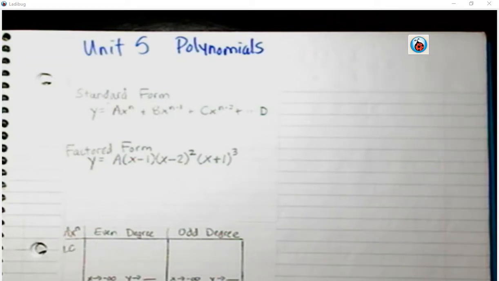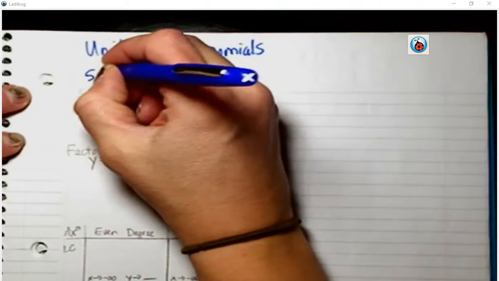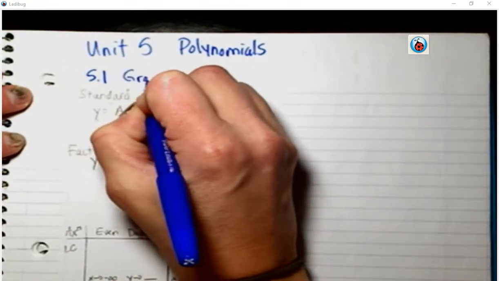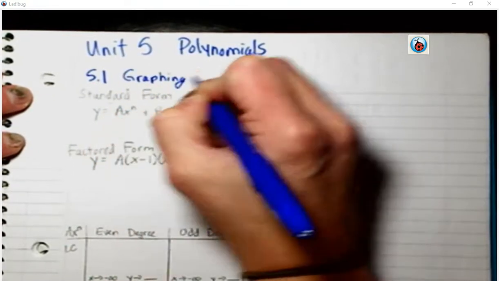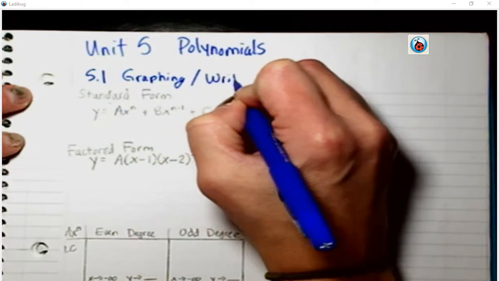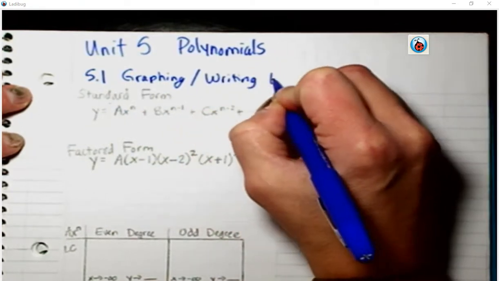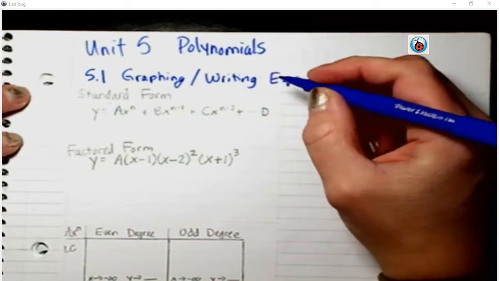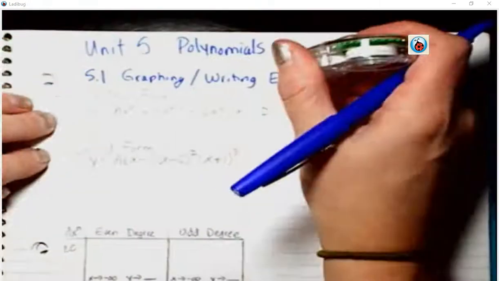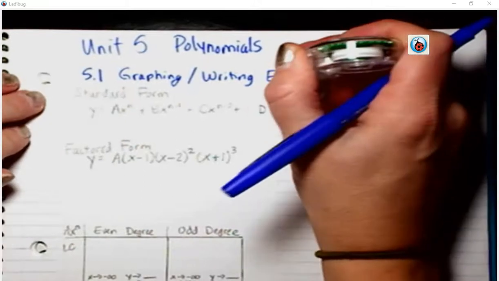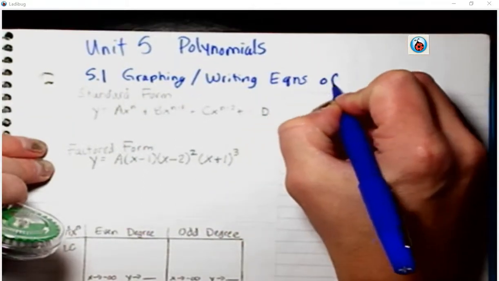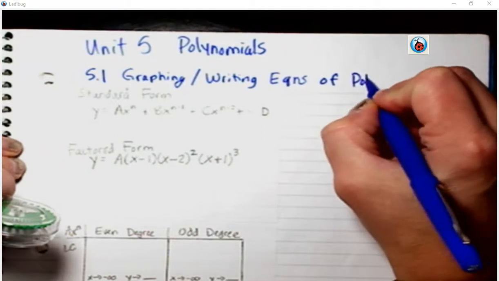So we have to introduce some more vocabulary. So 5.1 is going to be graphing slash writing equations of polynomials.